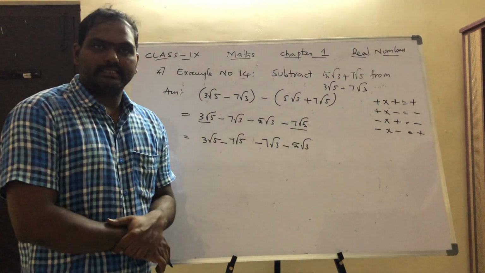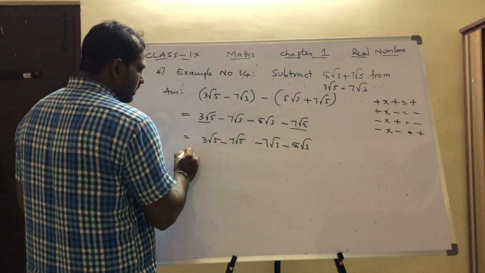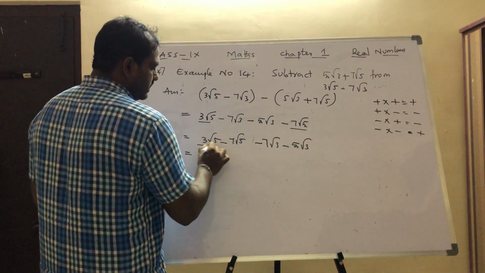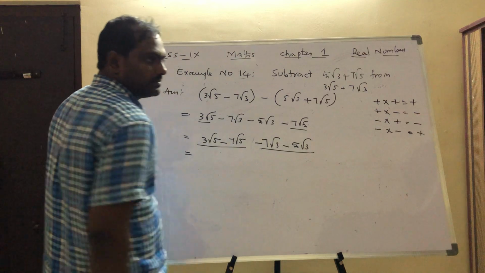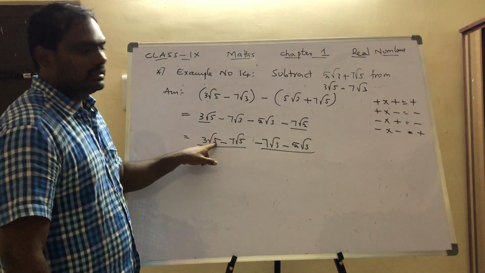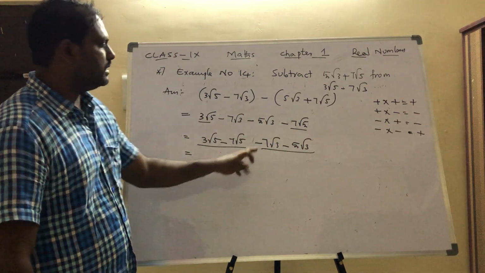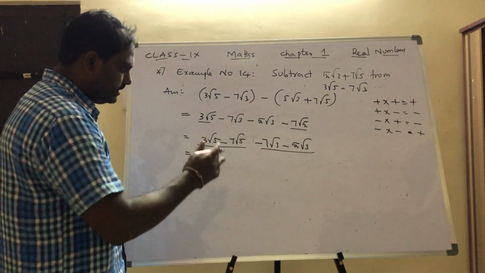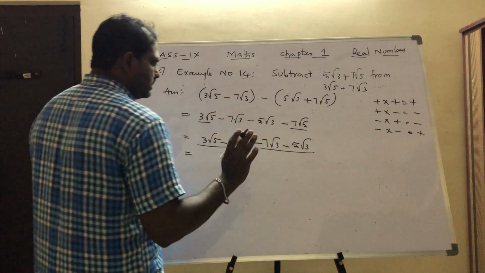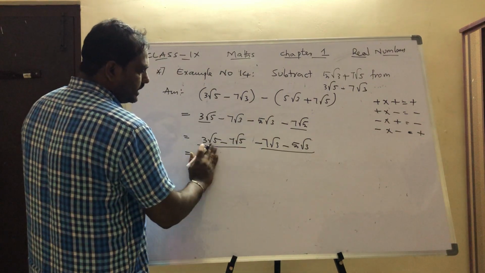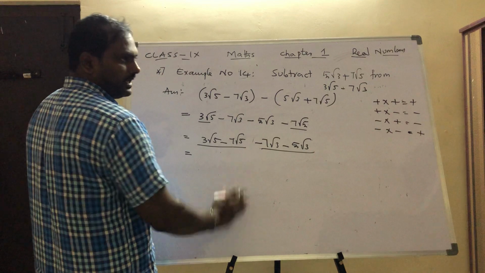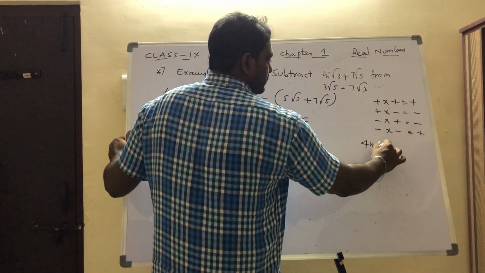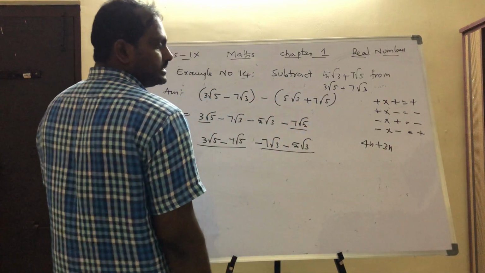Next, what is the next step? Look at this, these are called like terms. These two are the same and these two are the same, because 3 root 5 and 7 root 5, 7 root 3 and 5 root 3. How to do this is very simple. 4x plus 3x, what will you write?